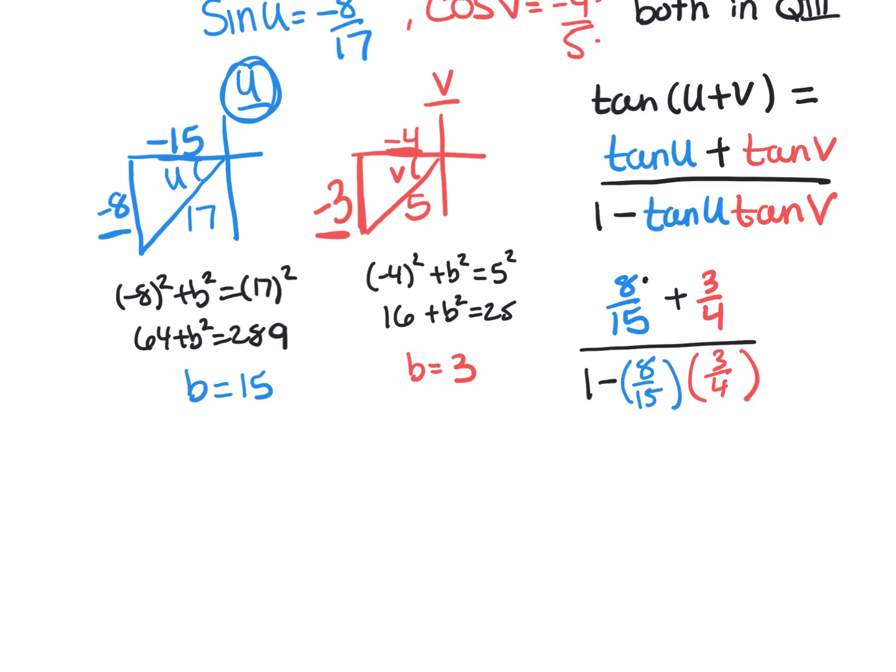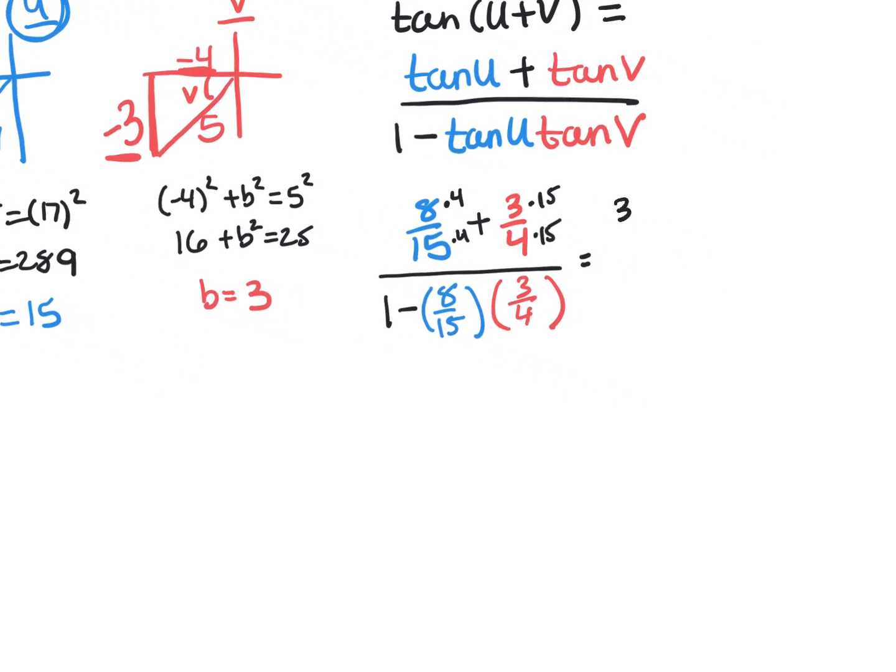So we can multiply our first fraction by 4 in the numerator and denominator, our second fraction by 15 in the numerator and denominator, and we'll get 32 over 60 plus 45 over 60. So 32 plus 45 gives us 77 over 60 for our numerator.